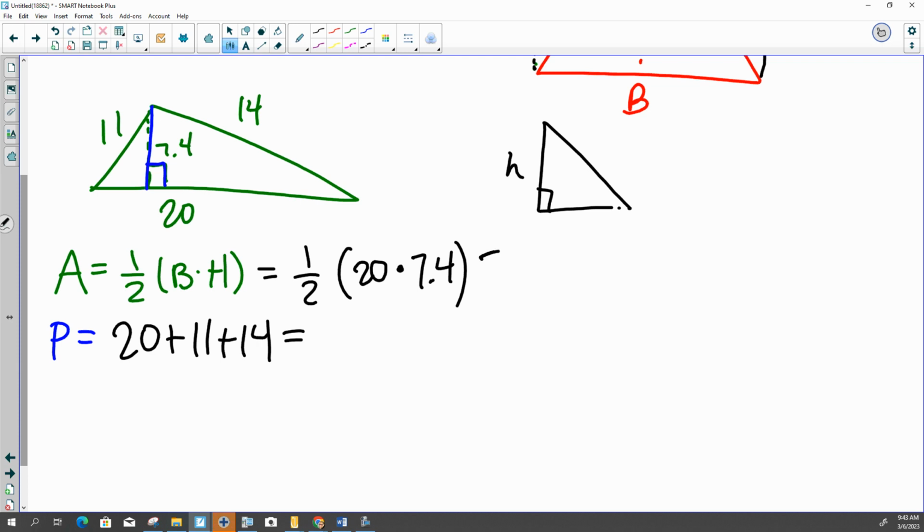All right, Corbin, what did you get for the area? The area would be units squared, kilometers squared. And Jared, what did you get for the perimeter?